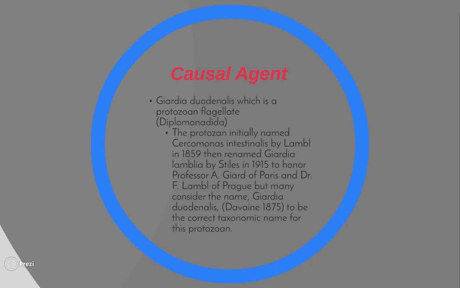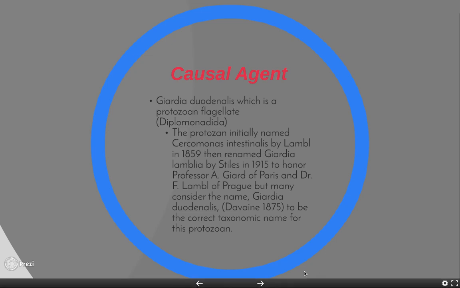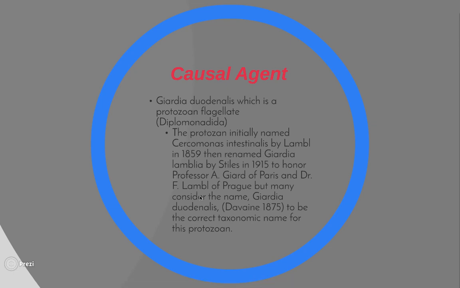So we got Giardia from Professor Giard, and lamblia from the doctor. In considering this name, it was renamed Giardia duodenalis, the correct taxonomic name of the protozoan.